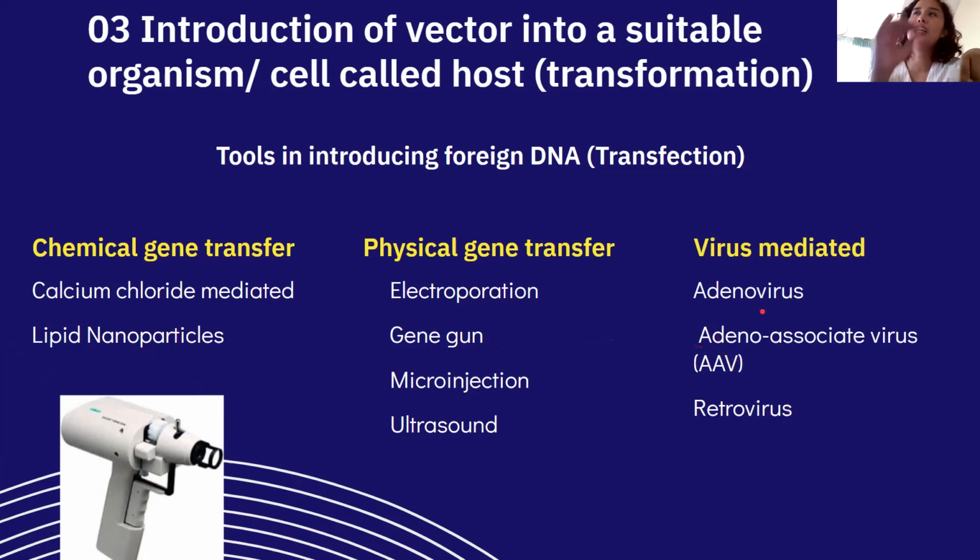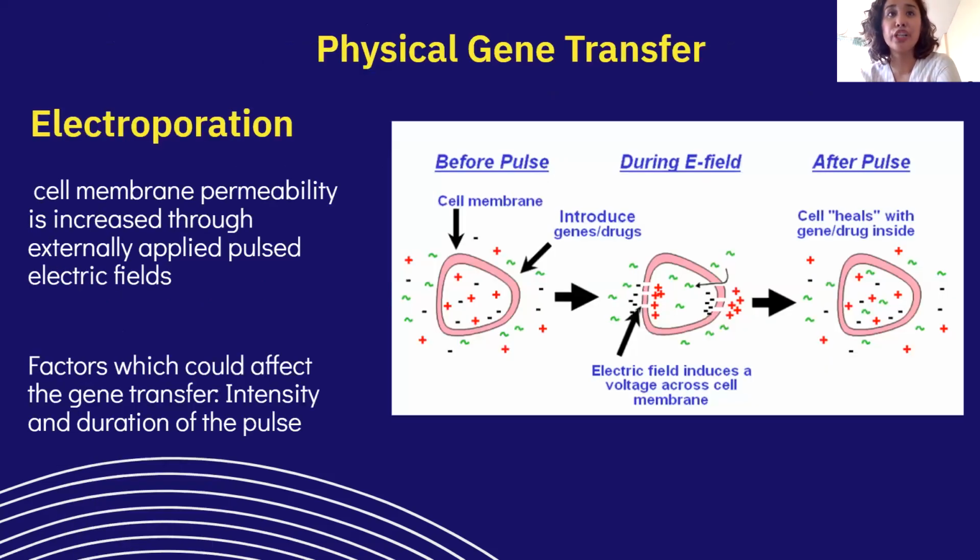So, parang AstraZeneca vaccine. They use adenovirus as a vector so that it could enter our body. Galing, no? So, kaya gusto ko i-discuss itong mga to kasi very napapanahon. So, let's start first sa mga physical gene transfer.